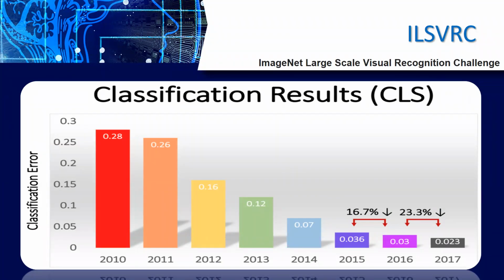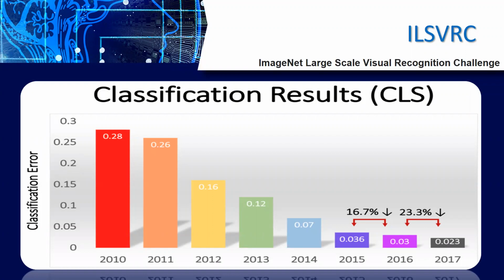Every year they conduct this challenge, and advanced teams from companies like IBM, Google, and Microsoft participate with their advanced models to showcase their networks and their work. This is one of the best challenges. I already discussed what ImageNet is in the last session.